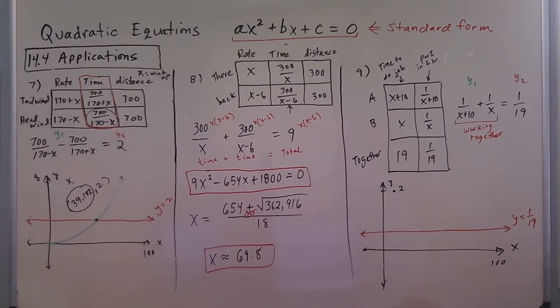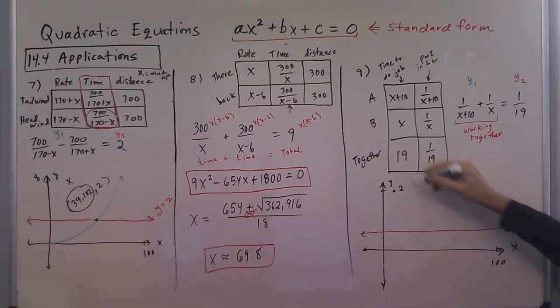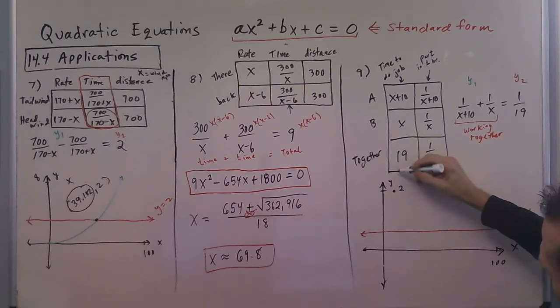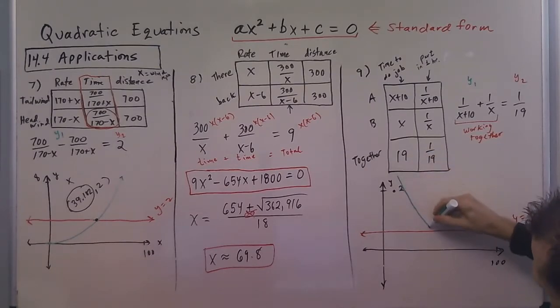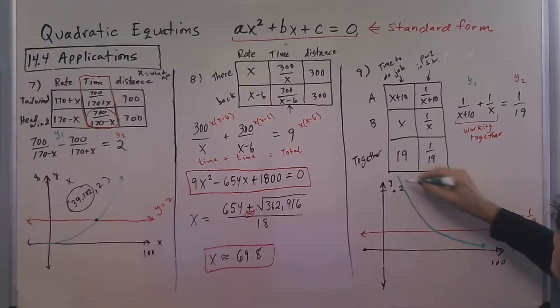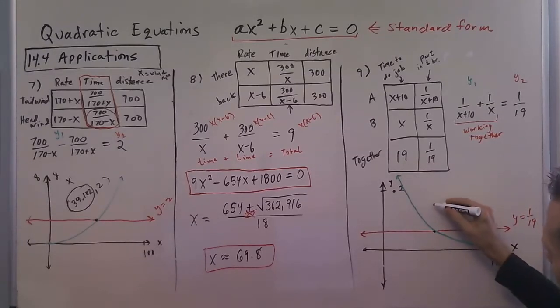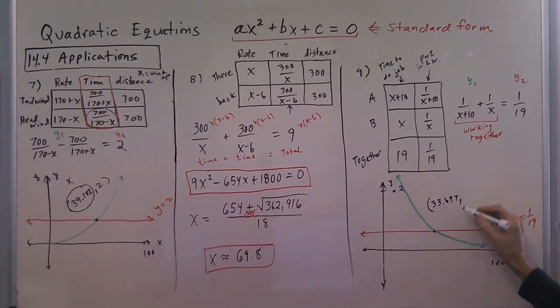And then for this, I'm going to see a curve come down like this, and when I click on this spot right here, I'm going to find that I get 33.647 and 0.0526. Now those are approximates.